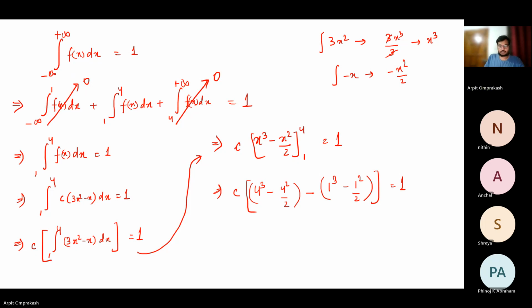So c into 4 cube is 64, minus 4 square is 16 by 2, 8, minus 1 minus 1 square is 1, 1 by 2 is 0.5.